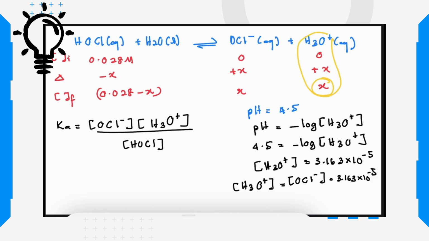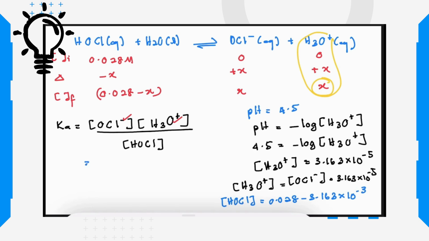If we check, this one we have, this one we also have. How to calculate the concentration of HOCl, or hypochlorous acid? The concentration of HOCl can be obtained, you can get the value.